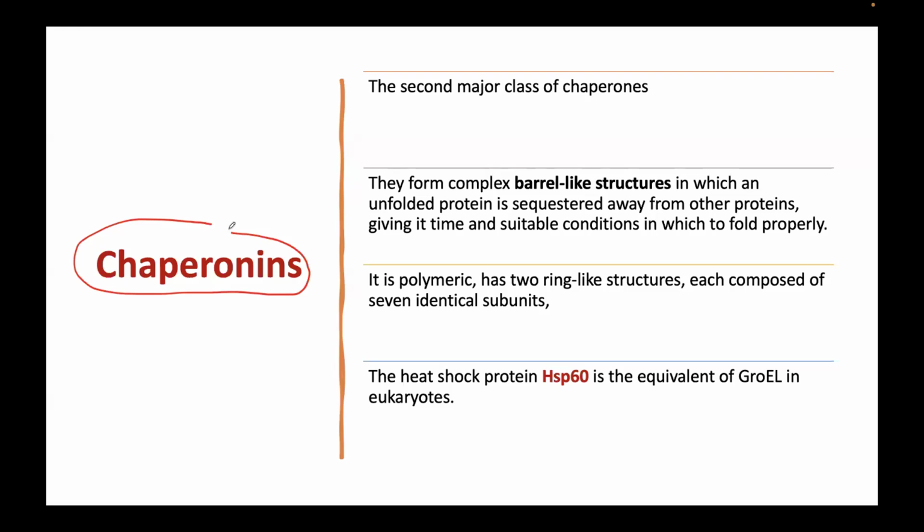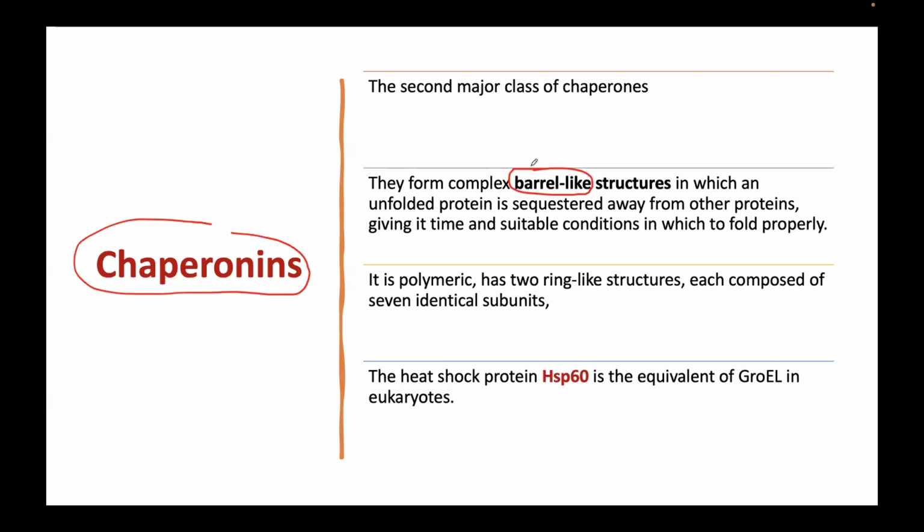We call them chaperonines. Now, chaperonines have a unique structure. They are shaped like barrels, barrel-like structures.